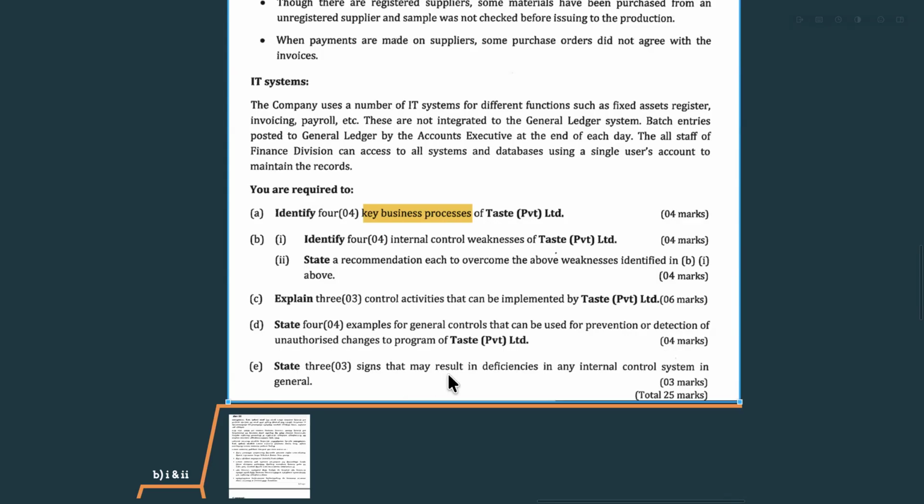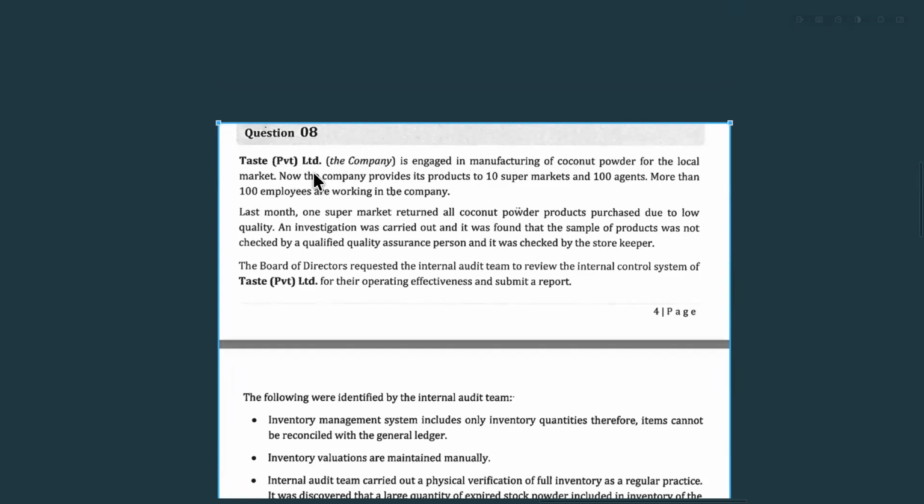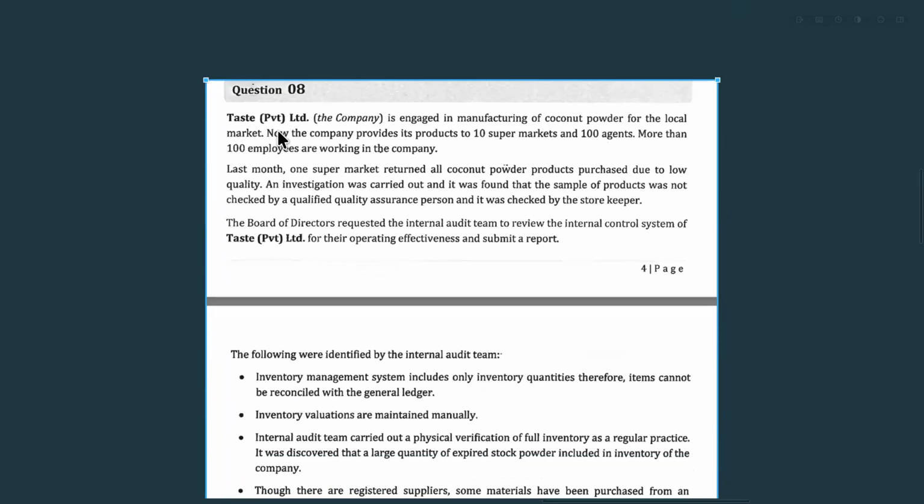State three signs that may result in deficiencies in any internal control system in general. This question also we answered without reading this case study. So the case study in this 25 marks is only to answer this 8 marks question, to identify the internal control weaknesses and the recommendation to overcome that weakness. Right? So let's read the case study carefully.